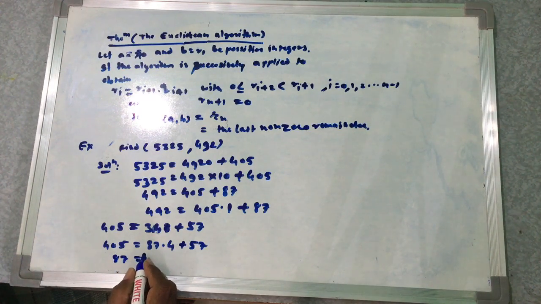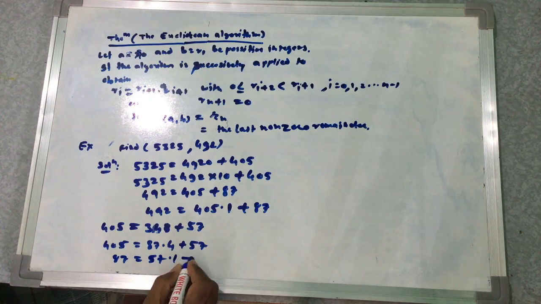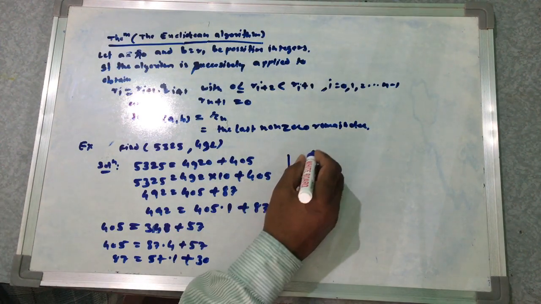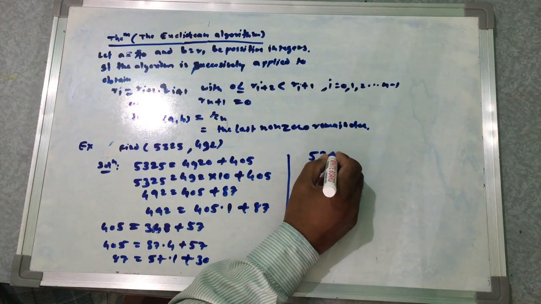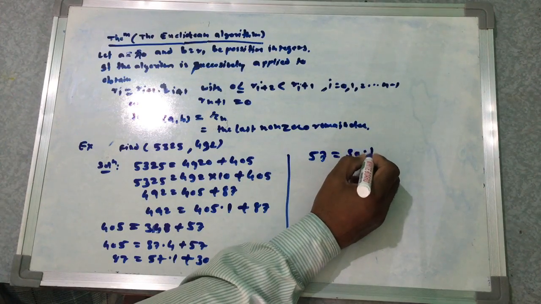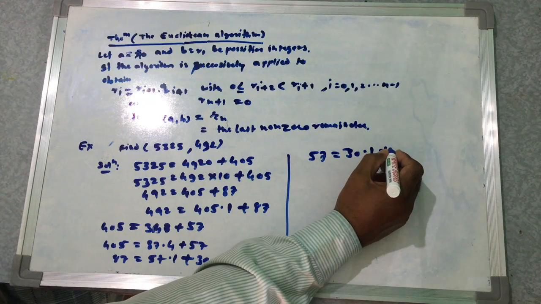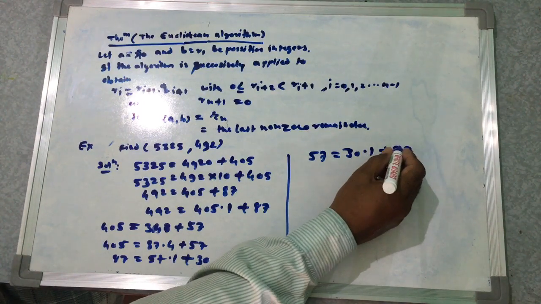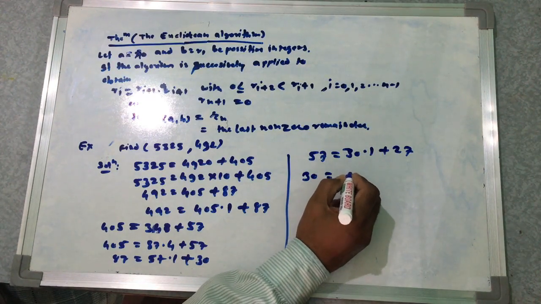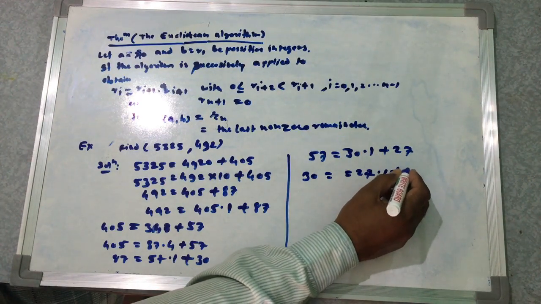Then 87 is equal to 57 into 1 plus 30. Then 57 is equal to 30 into 1 plus 27. Then 30 is equal to 27 into 1 plus 3.